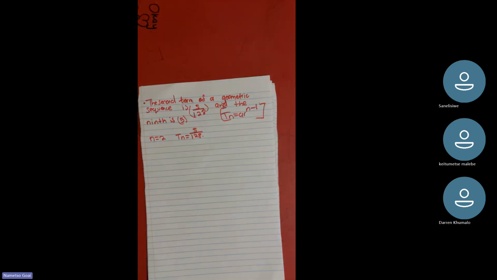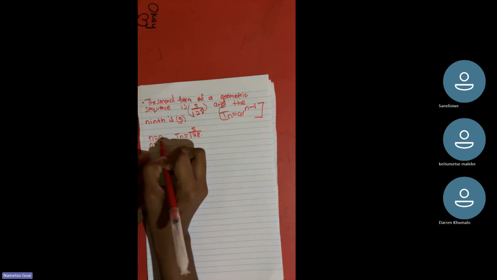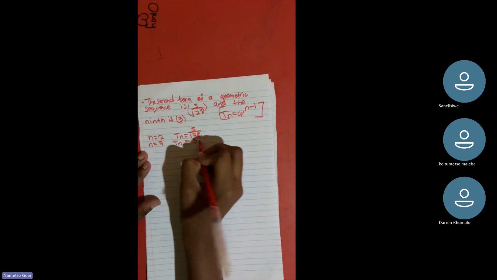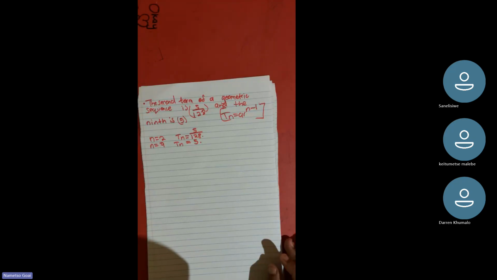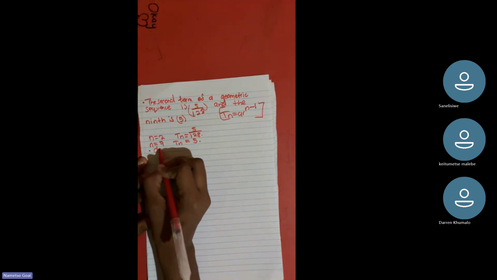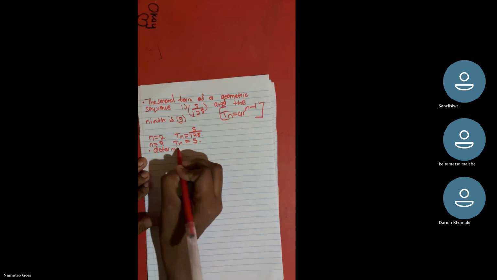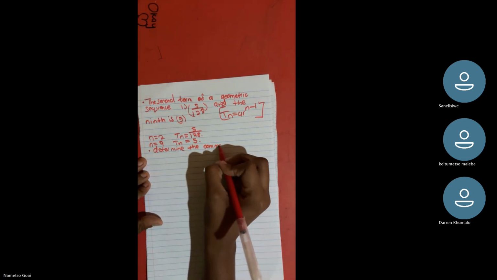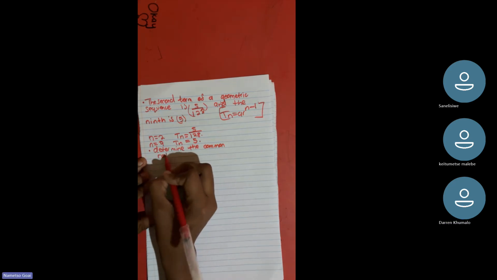And the ninth term, which means that n equals 9, Tn will be equal to 5, right? They're telling us to determine the common ratio.